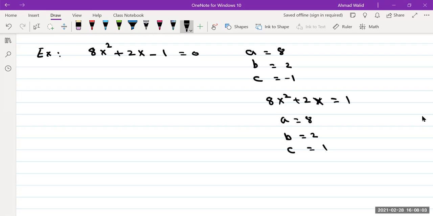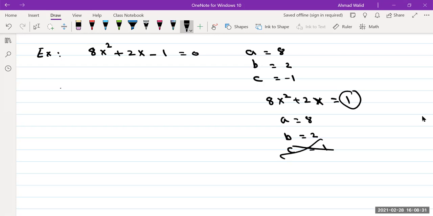C is equal 1. If you do this, you are wrong. C is not 1. If you move it to this side, C becomes -1. Remember this. If you have a term on the other side, move everything to one side first. Make one side 0. Then read your ABC, how much is A, how much is B, how much is C, find it out, correct?